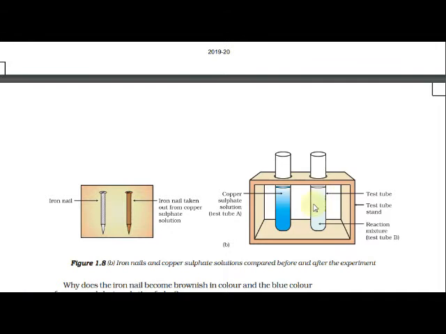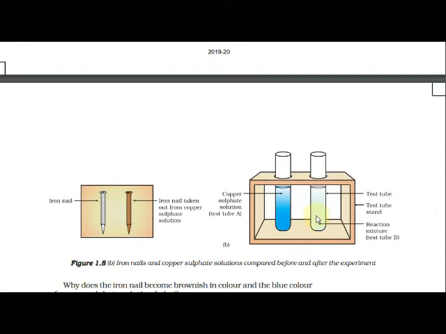Here is a comparison between the blue colored copper sulfate solution and another solution. This solution is the original solution kept in the test tube, and this second solution is the reaction mixture of test tube B. This is test tube A, the original solution, and test tube B, the reaction mixture.